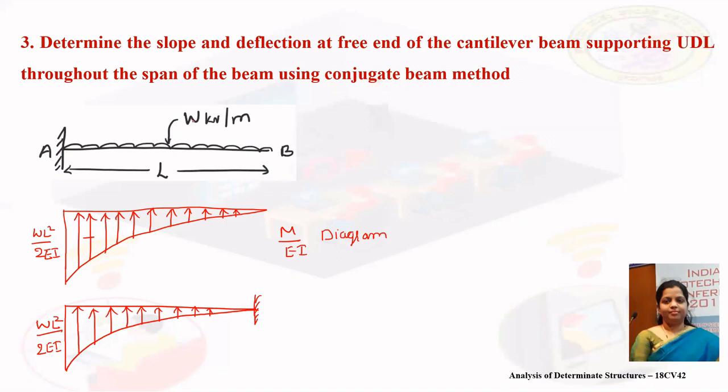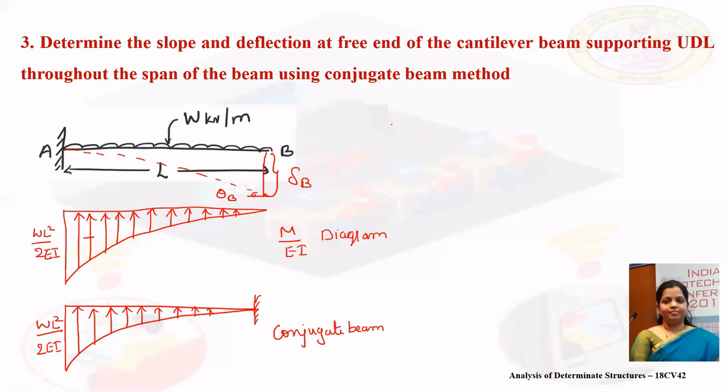Now we need to find the slope and deflection at the free end. The slope will be here, theta B, and the deflection will be here, delta B. Now we have already drawn the conjugate beam, so we will compute the slope and deflection for this beam.